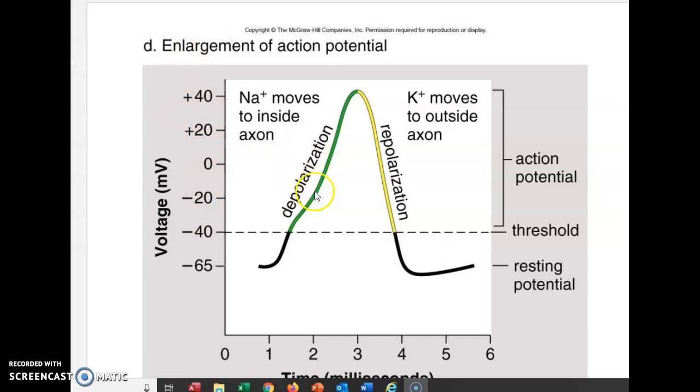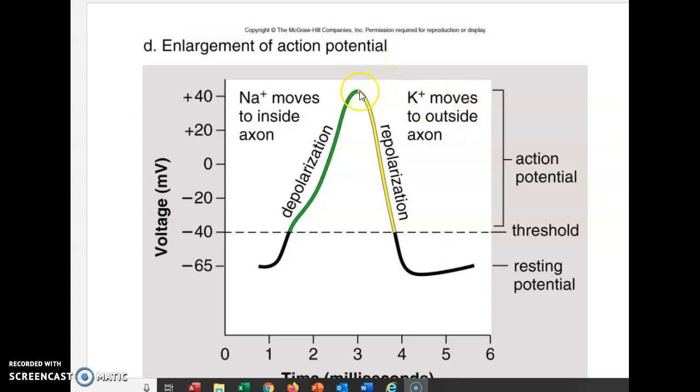Well, that can only go on so long, because before I reach equilibrium, once I get up to about positive 40, even though equilibrium is more around positive 63, my sodium gates start closing, and I've reached a threshold for the potassium gates to open up.